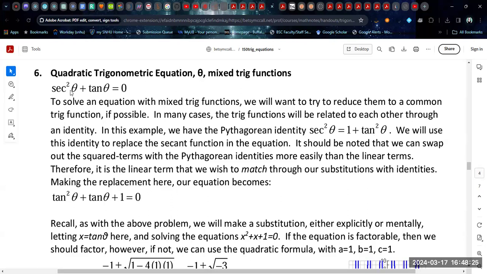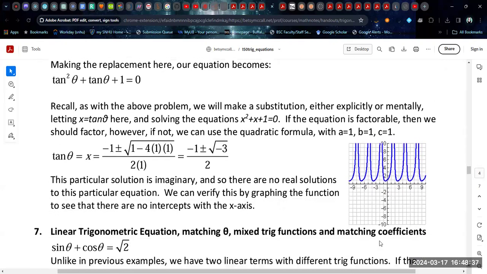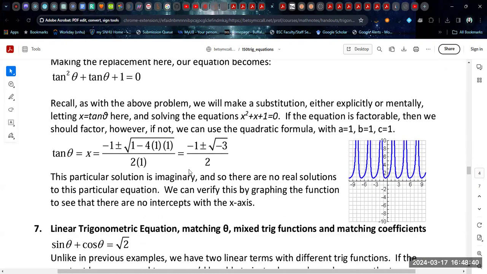So I'm going to do that replacement for secant squared. That will turn my equation into this. And then I can proceed similarly to the previous problem using the quadratic formula in this case to try to obtain a solution. Now, what happens in this particular problem is that I get a complex solution.